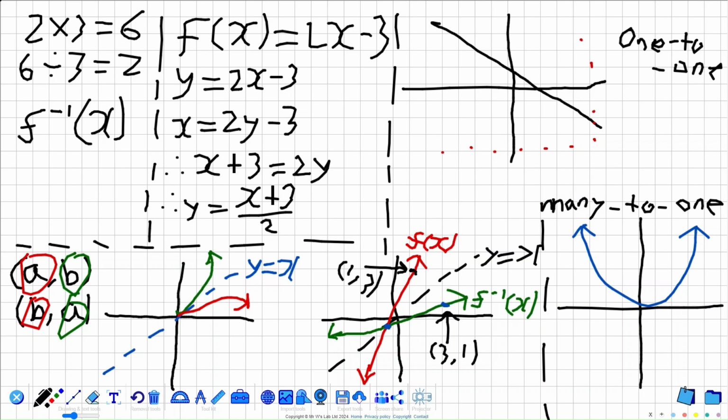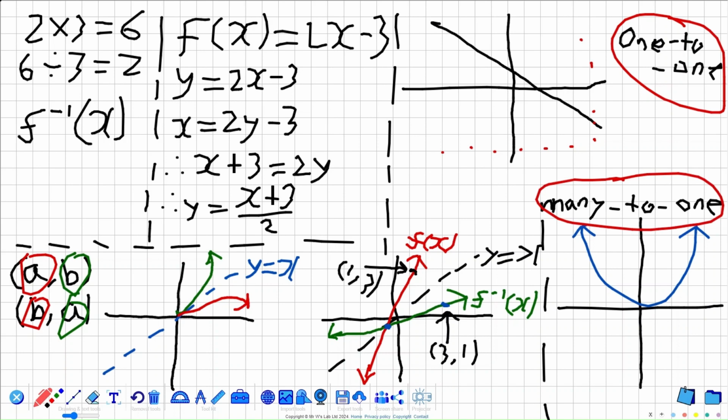However, this particular function does not actually have an inverse. The simple thing you need to know is that a function only has an inverse if it is 1 to 1, and if it is many to 1, it is a function but doesn't have an inverse. And obviously, if you were to randomly get something that was many to many or 1 to many, you're going to know that if it doesn't pass the vertical line test, it's not a function at all.